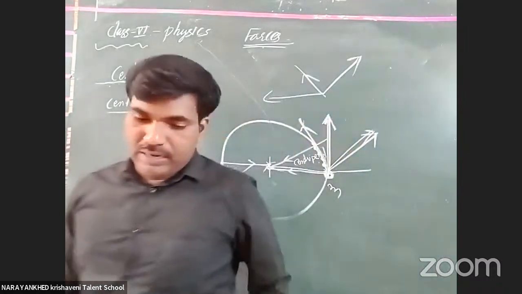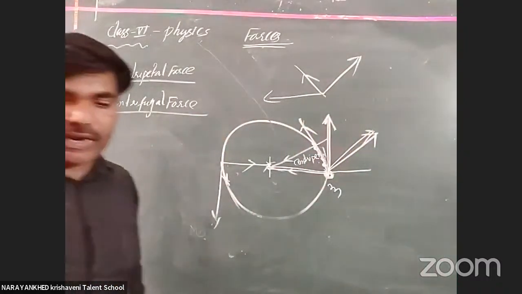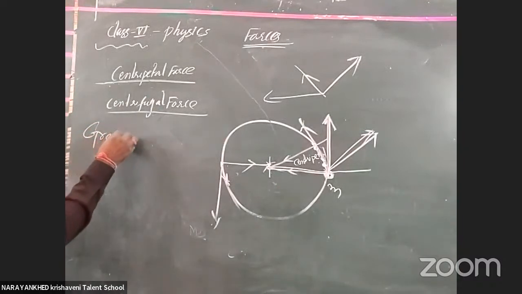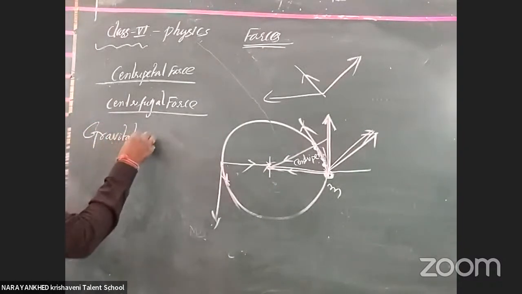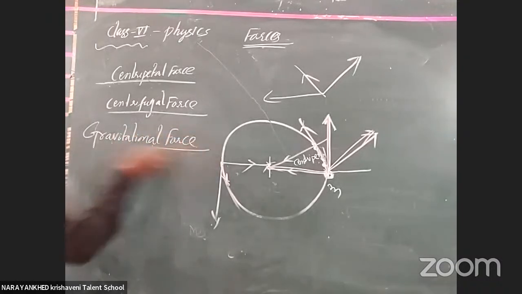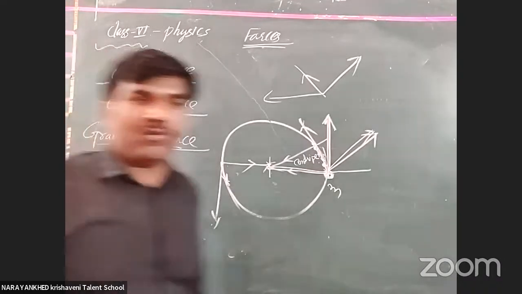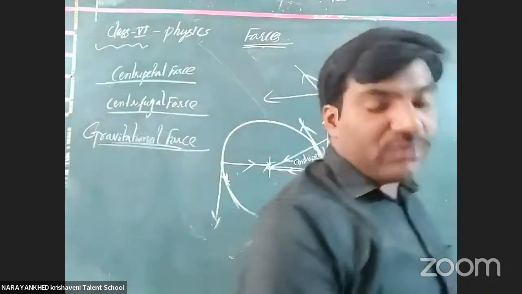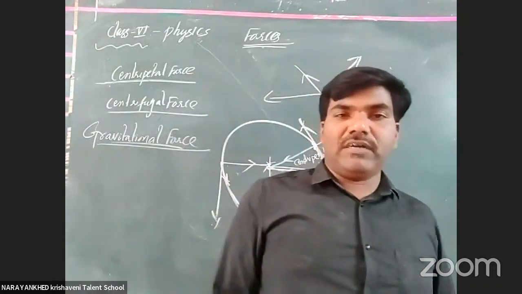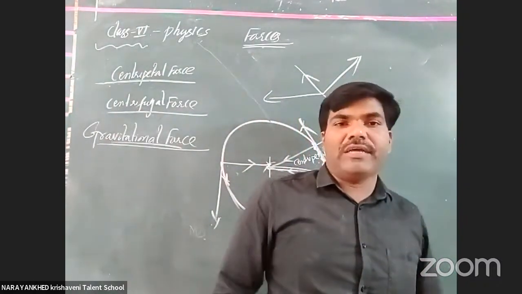Got it? And next there is the gravitational force. Which one is called the gravitational force? The gravitational force is nothing but the force because of the gravity of Earth or of big bodies.